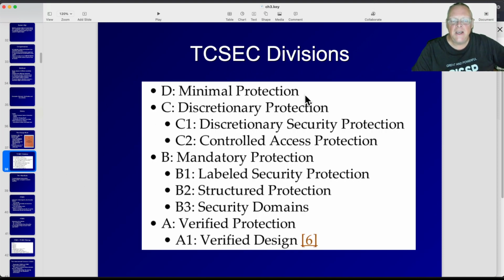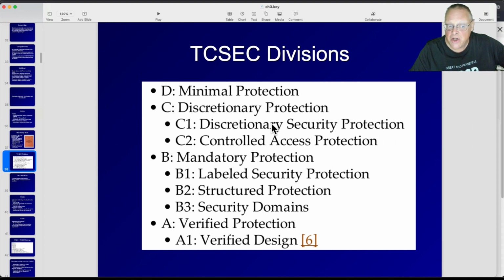So D is like MS-DOS, or a floppy disk with FAT32, no control at all. If you have the floppy disk, you can read everything on it, no protection at all. C is discretionary protection. This is Microsoft Windows NT and a typical Windows home machine. You have an owner of the objects, an owner of the files, and the owner at their discretion can choose who to share the files with.